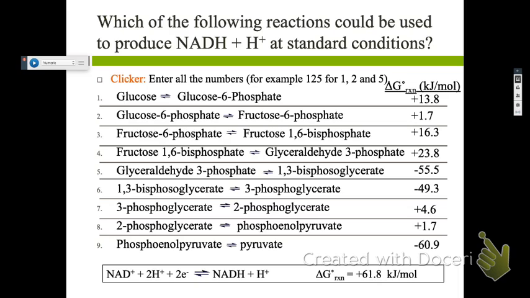So, last one. What about the production of NADH and protons? Which one of these can drive that reaction? 15 seconds.